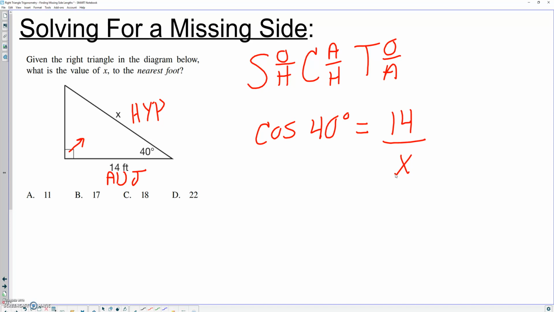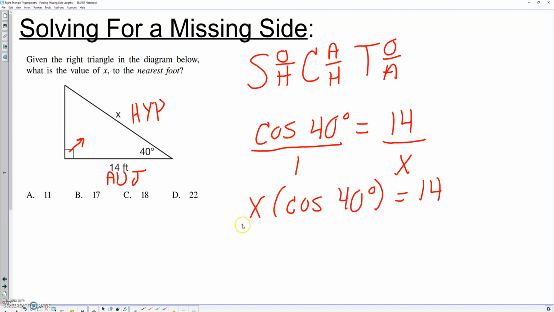That's just a number that we're going to get from the calculator. Okay, so I put this over 1 to set up my proportion, and then I'm going to cross multiply. So we get x times cosine of 40 degrees equals 14. And then to get x by itself, we want to divide both sides by cosine of 40.